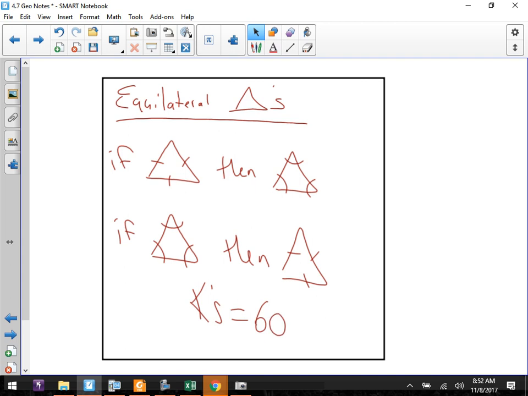For an equilateral triangle, the angles will always, always, always be 60. Oh yeah, if all three sides are the same, if and only if all three angles are the same. All three angles are the same, if and only if all three sides are the same.